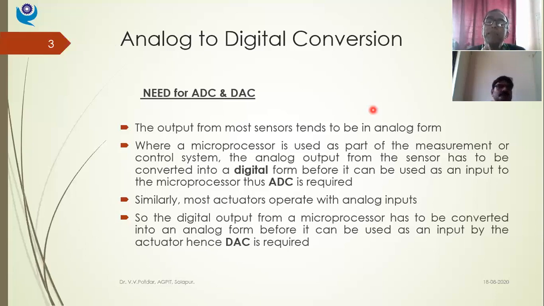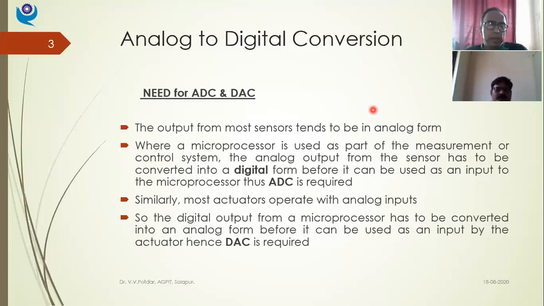Now what is happening? My actuating signal requirement is an analog signal. My sensor transducer is generating an analog signal. If I feed this analog signal directly to the microprocessor, it will not be able to read it because it can read only digital signals. So this analog signal from the transducer needs to be converted into digital form.